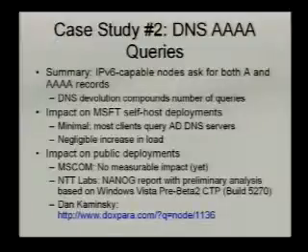V6 capable nodes will ask for both A and Quad A records. And there was a presentation, I believe, at NANOG, several NANOGs ago maybe, about the impact that this would have on the DNS infrastructure. What we actually have seen internally is that there's been minimal impact on our DNS infrastructure.